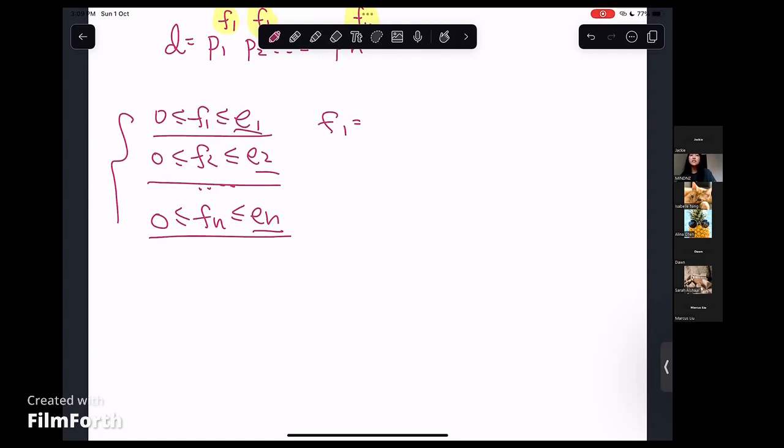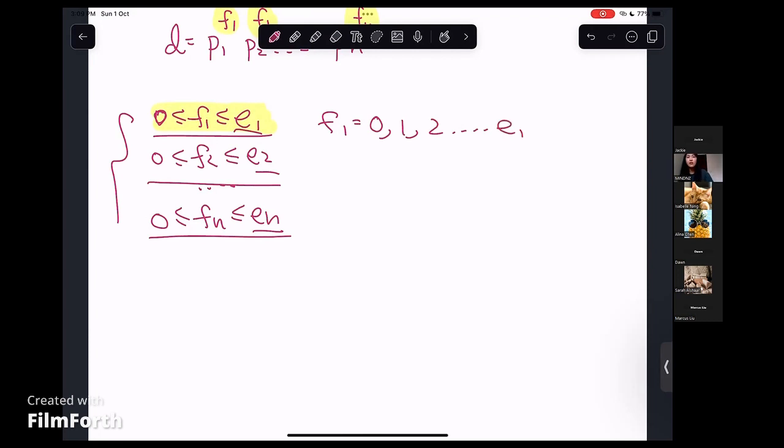Keeping in mind that d is a factor of n, or capital N. You guys have any ideas towards what values of f1 we can actually take? I mean, it should be pretty obvious if we just look at this, right? Okay. We can pick any value up to E1, right? So you can pick these values, right?